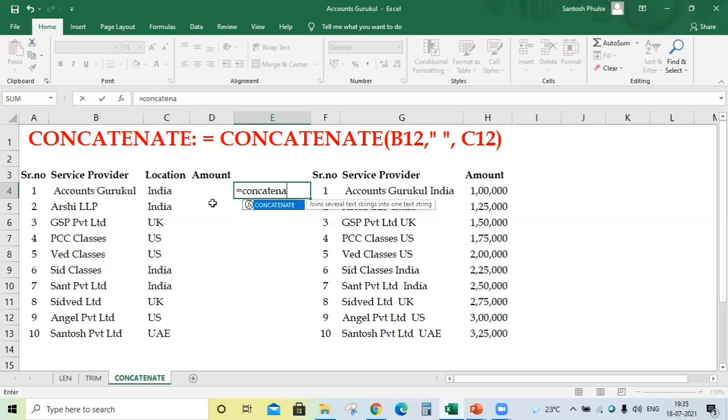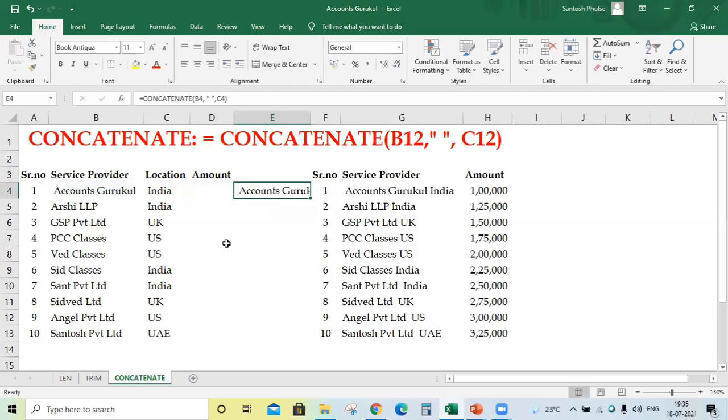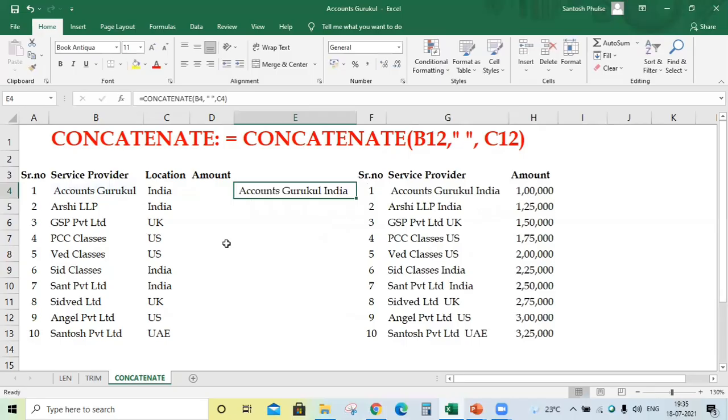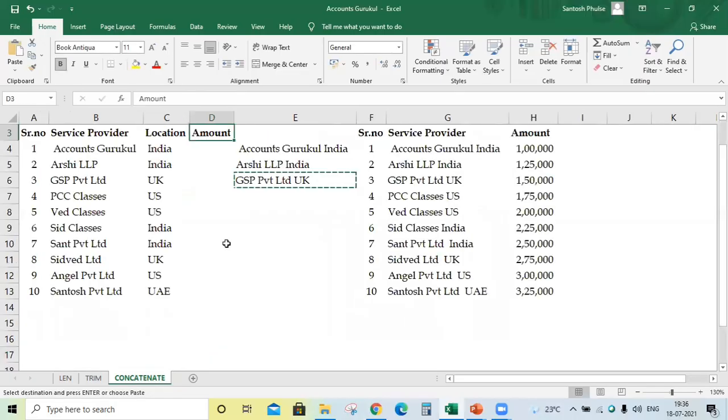CONCATENATE, bracket, you have to use Accounts Gurukul, comma, we have to use the space in brackets, space again, then you have to use this, that's India, bracket close. So it's Accounts Gurukul India, Urshi LLP India, GSP Private Limited UK. So same, you can copy paste now for the rest of all the lines.